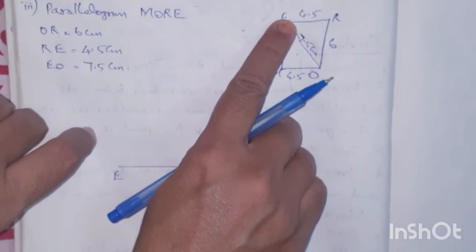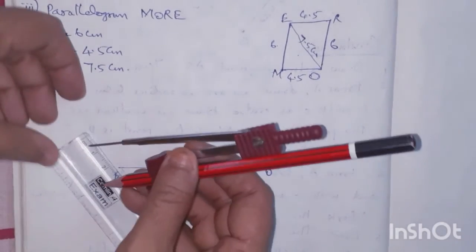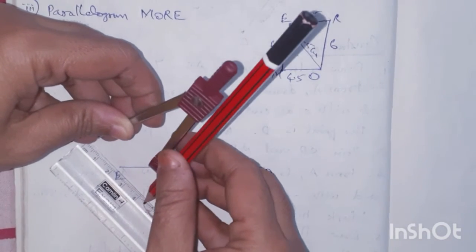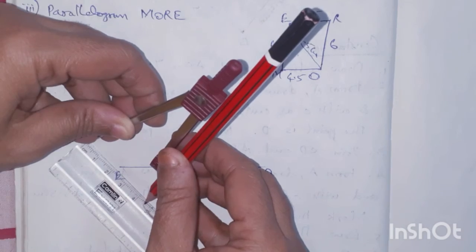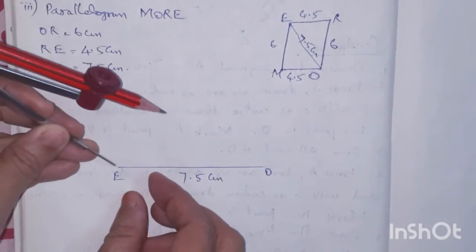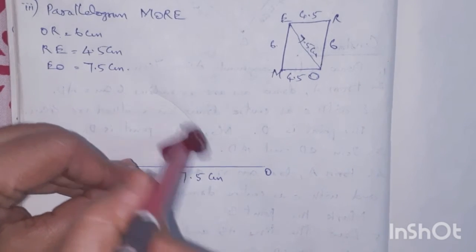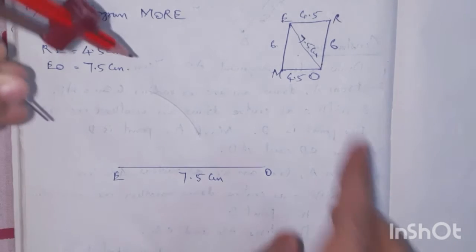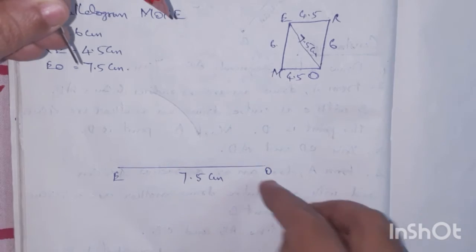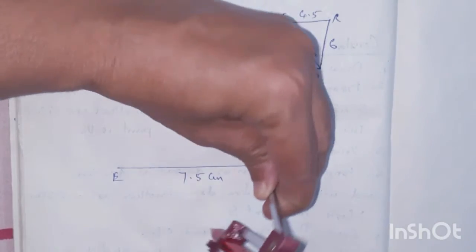From E we can draw 4.5 centimeter. Here from O, M, here also 4.5 centimeter. We can draw this here, from O.